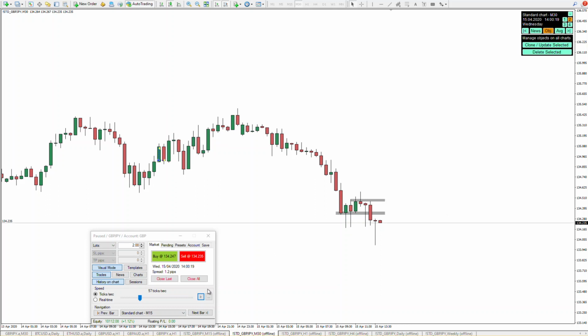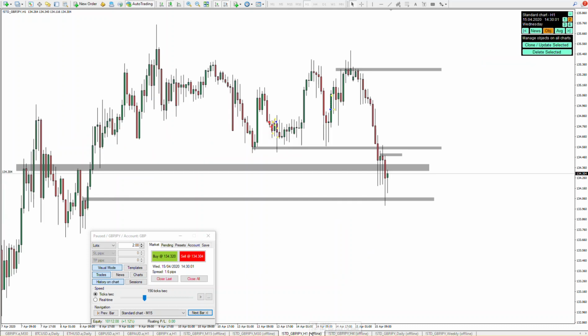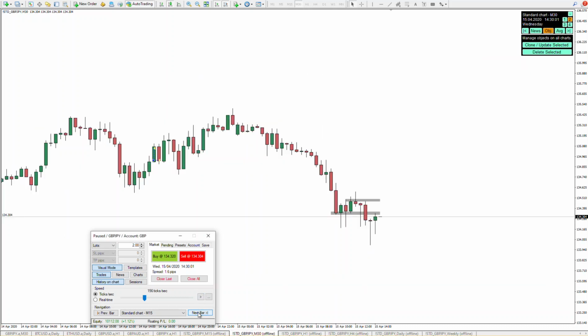Nothing I can do. M30 close, bullish, making lower support. Can't do anything.